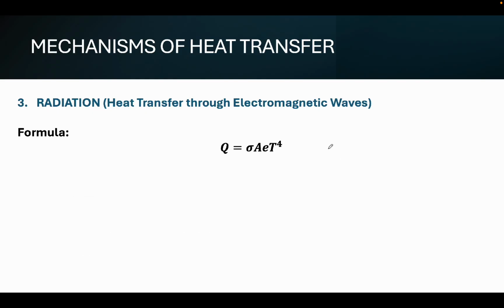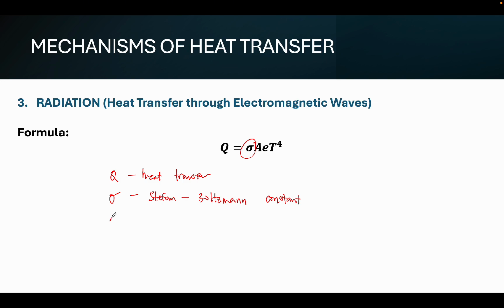Okay. Now, the formula of radiation: Q is equal to sigma, this one right here, our Stefan-Boltzmann constant, times A times E times T to the fourth. Q again is the heat transfer. Sigma is the Stefan-Boltzmann constant.